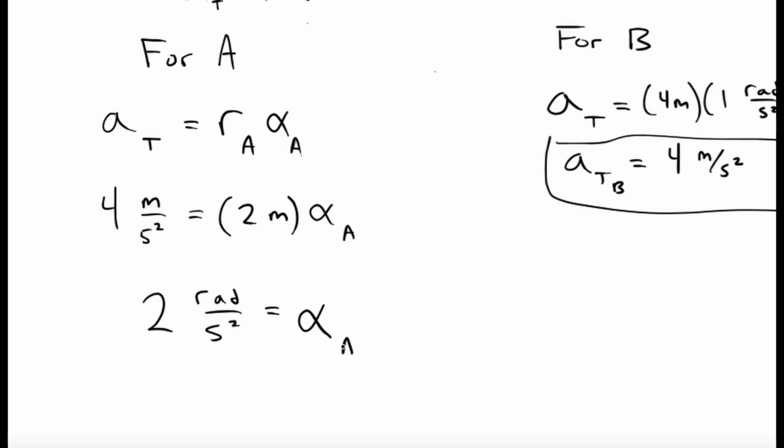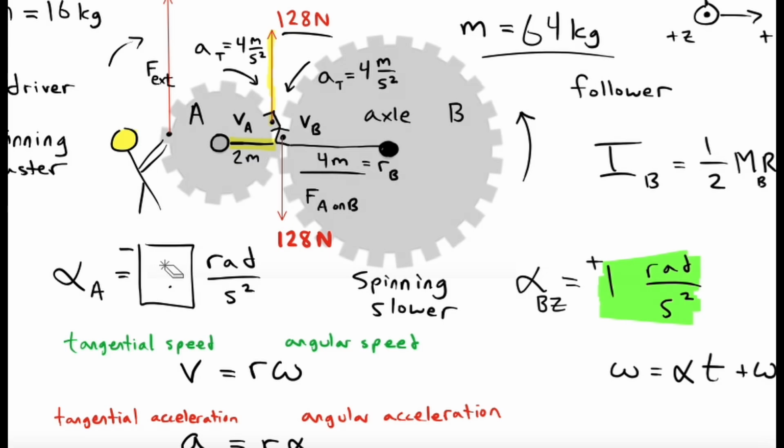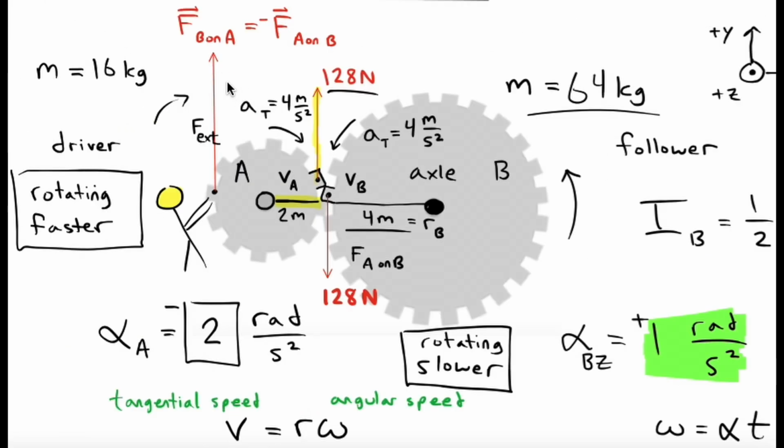To reveal that the angular acceleration of A is twice as large as the angular acceleration of B. So that's what goes here. -2. Next, we want to find the size of the external force that the person's applying on gear A.